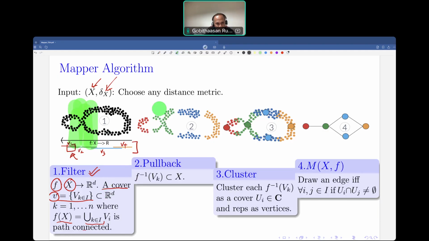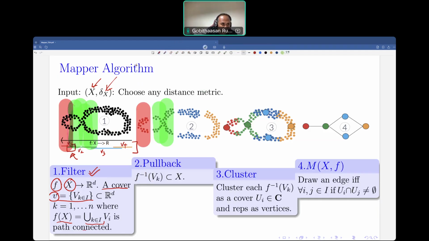That is the green cover here. Whereas the red cover, the first V1, corresponds to this red highlighted area and its corresponding points. Of course, there are overlaps in between.